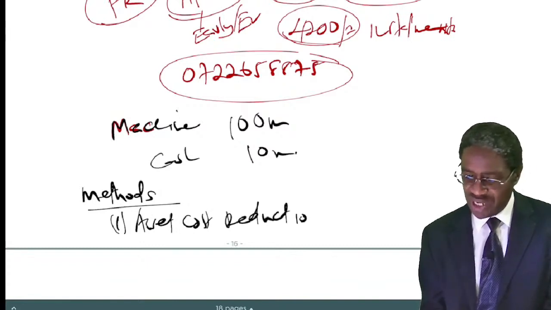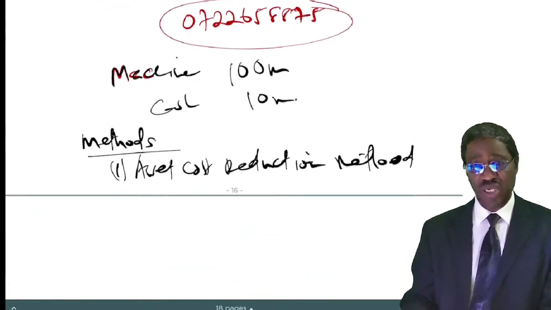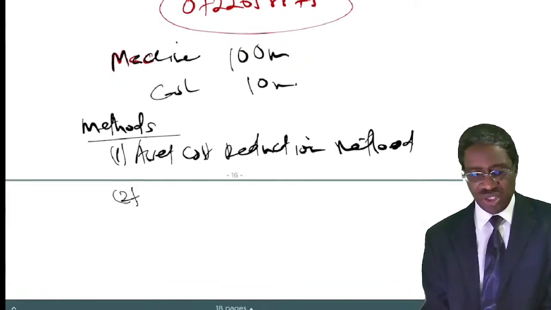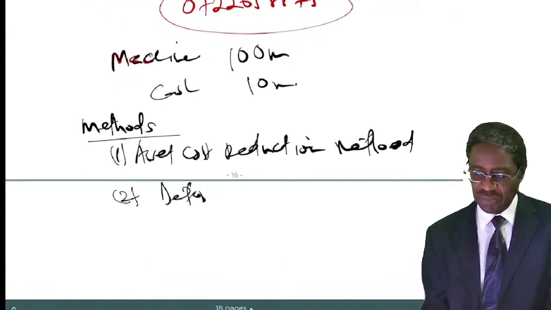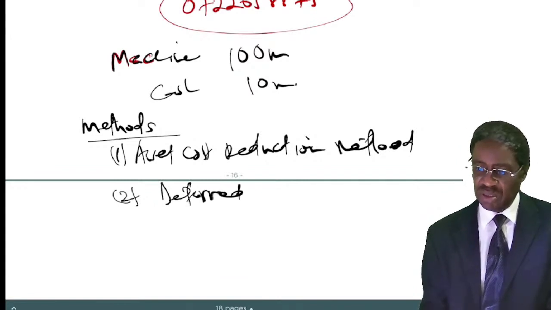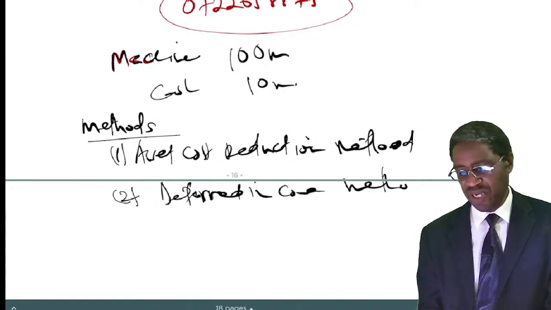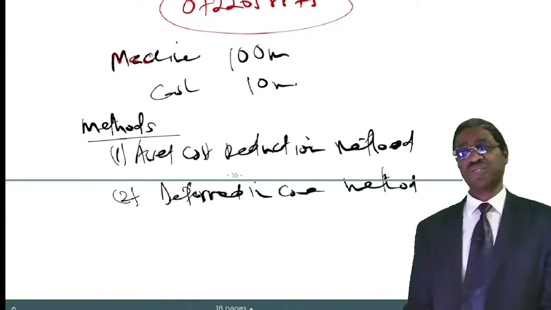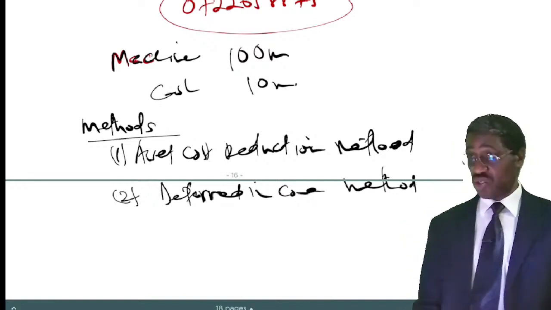Don't write, I will explain it in a short while. Number two is what we call deferred income method. Let me start with the first one, which we are calling the asset cost reduction method.